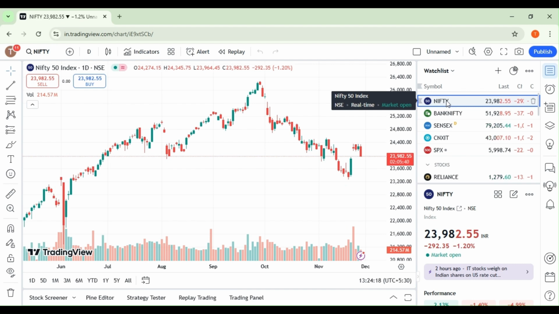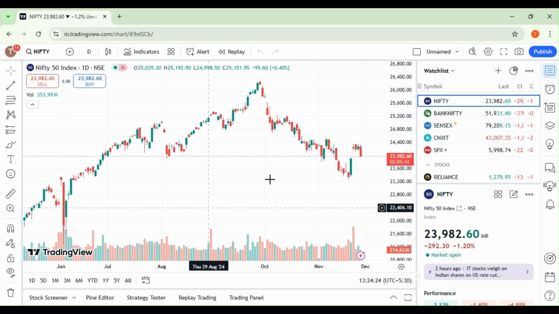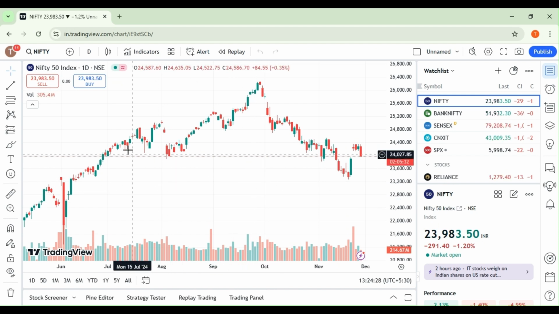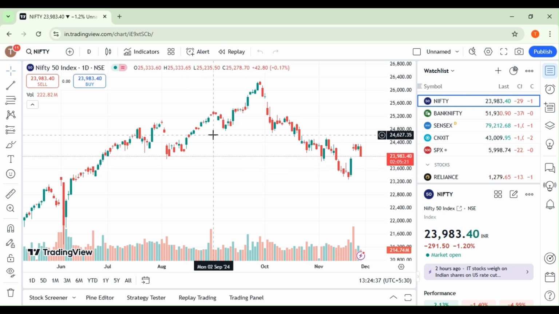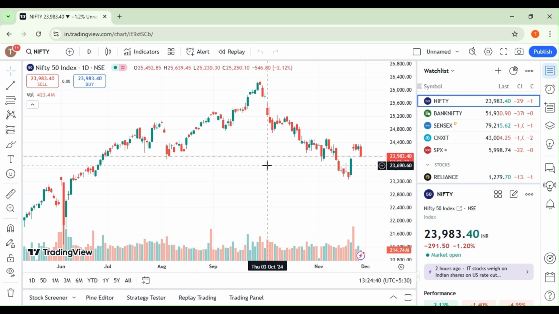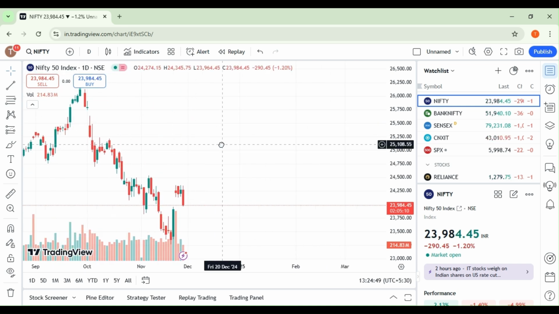So if I click on Nifty in TradingView, then this particular chart will appear. Now, all the red and green shapes are called candles. See, these look like a candle, right? Now, let me enlarge and look at any of the candles.